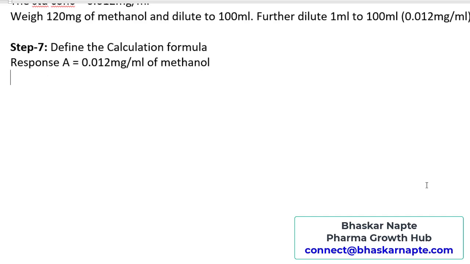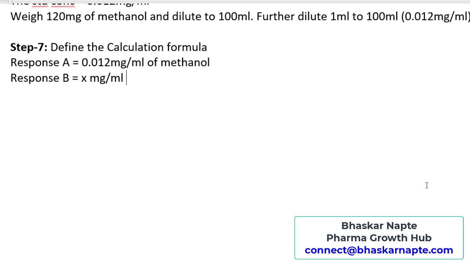The second is, you analyze the sample solution also, and you found the response B, the peak area B for the sample. You do not know the content of methanol present in the sample, so let us assume it is X milligram per ml.